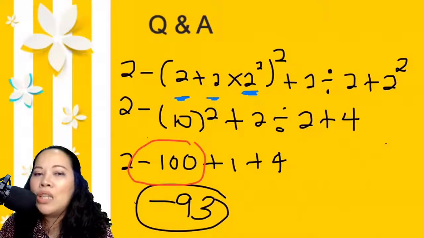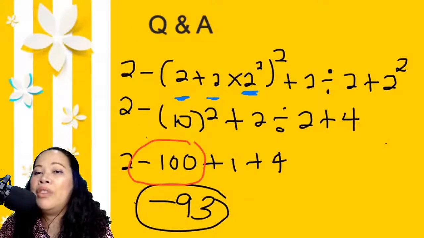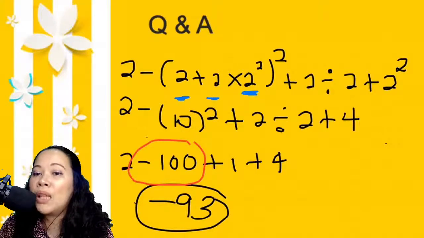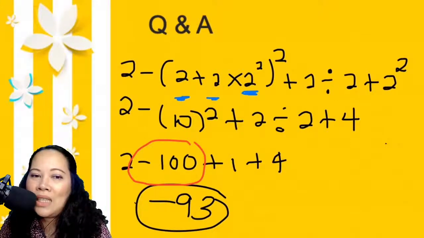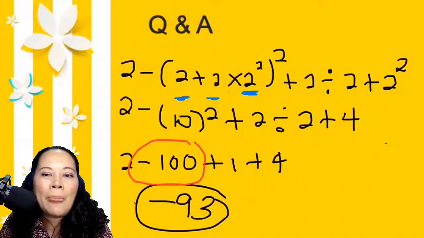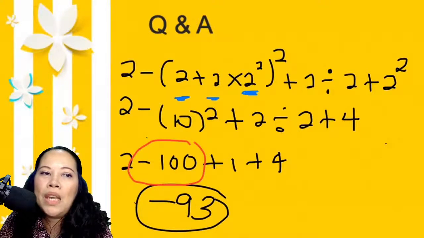So you just need to know that if there is a minus, it's always the bigger number who follows the sign. So 2 minus 100, just subtract 2 from 100, which is 98, and since 100 has a negative sign, it will be negative 98.